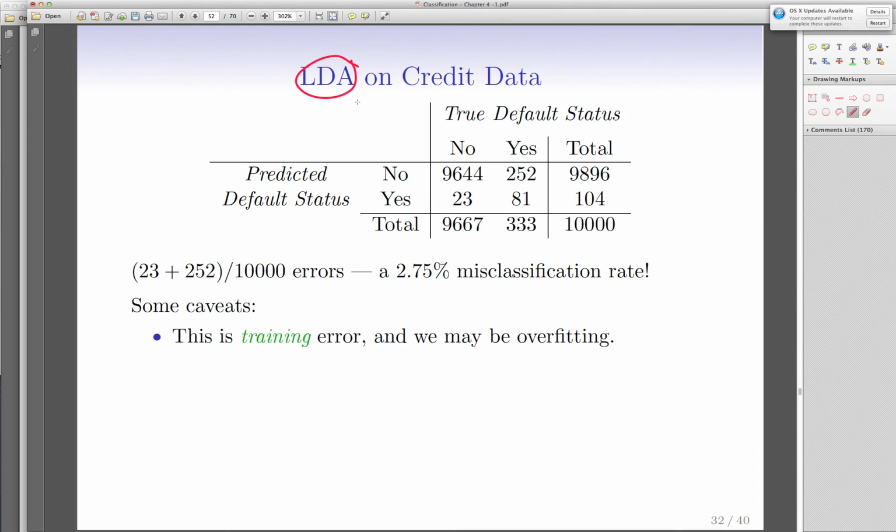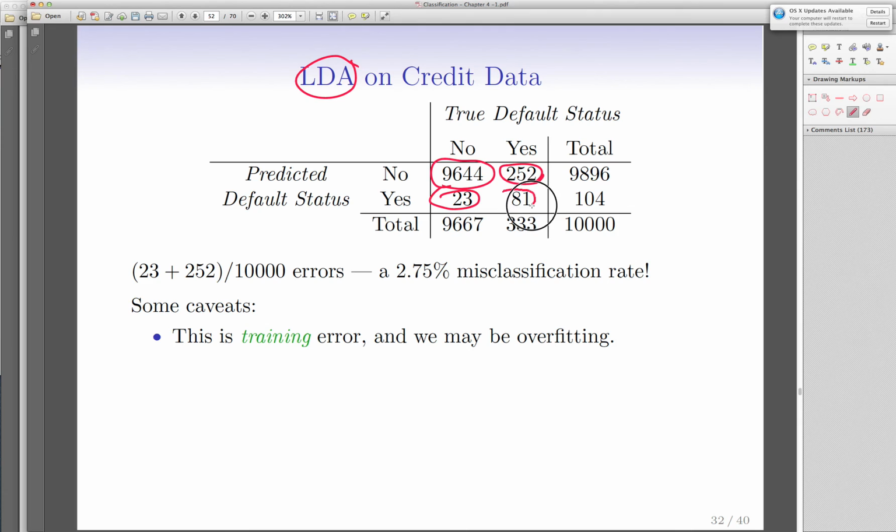Here we had a bunch of variables. I think we have 10, 11 variables, and we just wanted to predict the default status. So here, 9,644 times we predicted no default, and it was actually no default. 252 times we predicted no default, it was actually default. 23 times we predicted default, and it was actually no default.